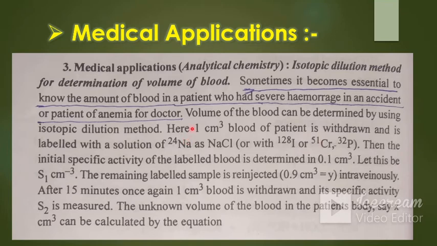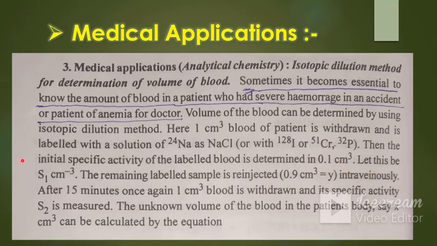Here 1 cm³ of blood of the patient is withdrawn and is labeled with a solution of Na24, sodium 24, as NaCl. Then the initial specific activity of the labeled blood is determined in 0.1 cm³.